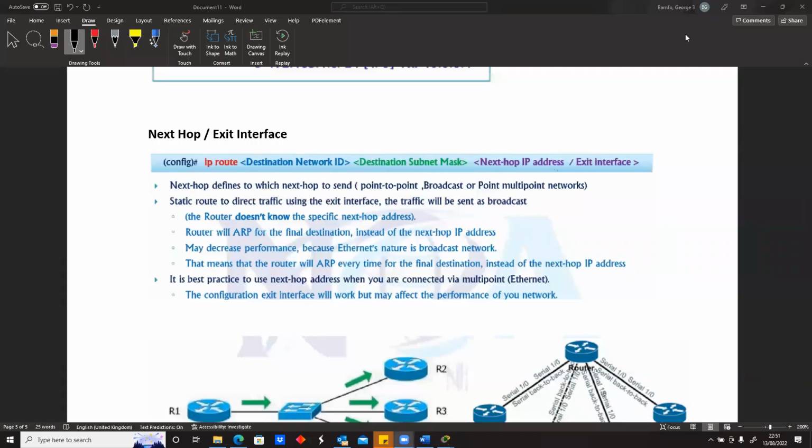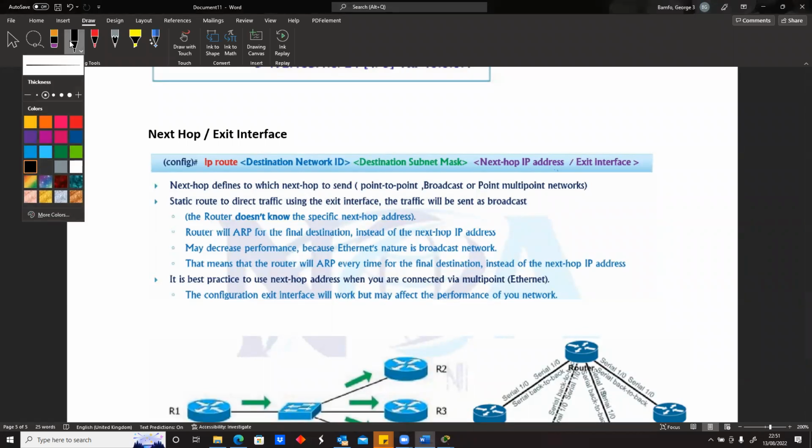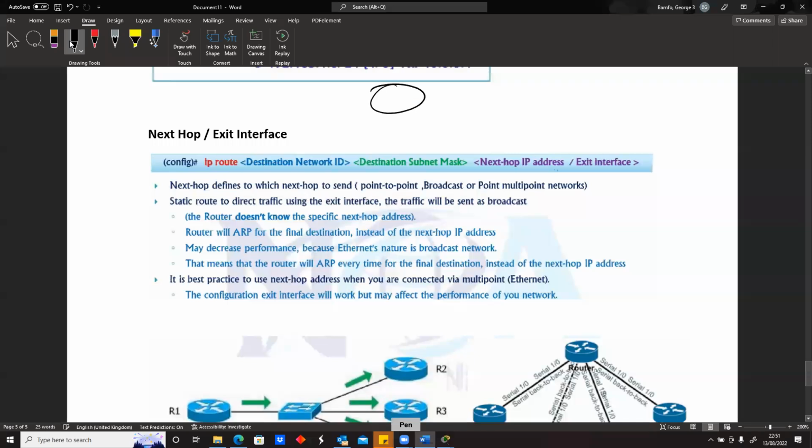So like I said earlier, for static routing, there are two ways of doing it. Basically, you have the devices that you want to connect to.